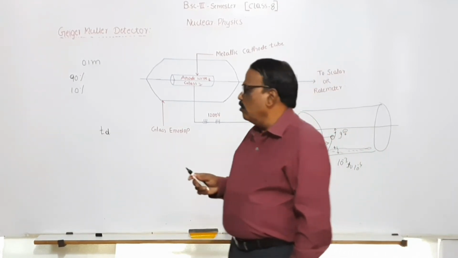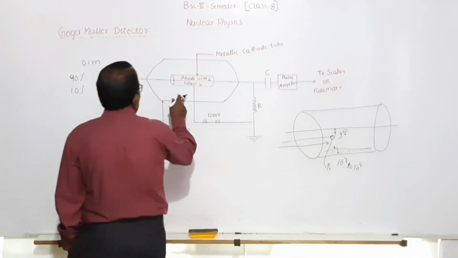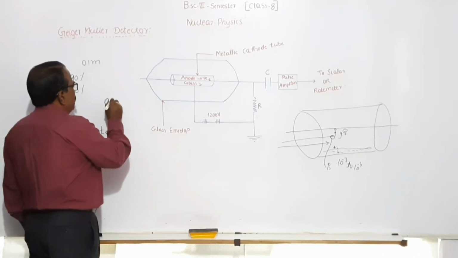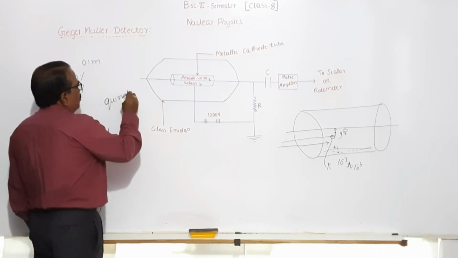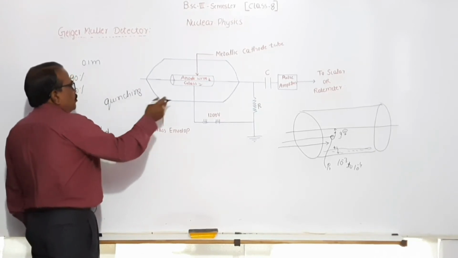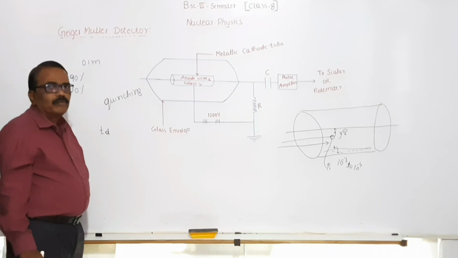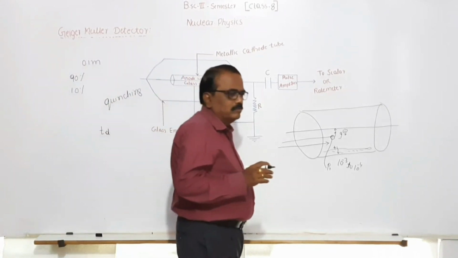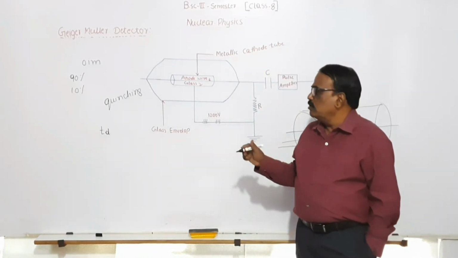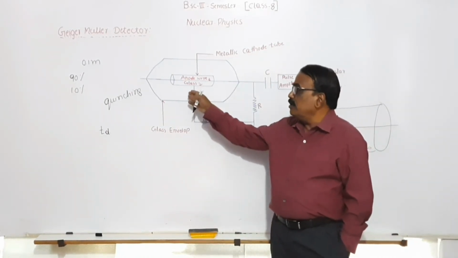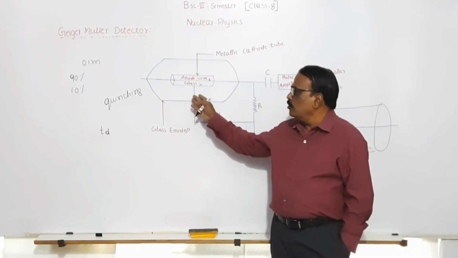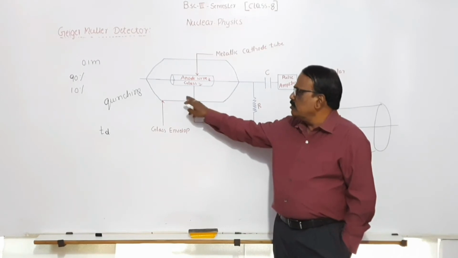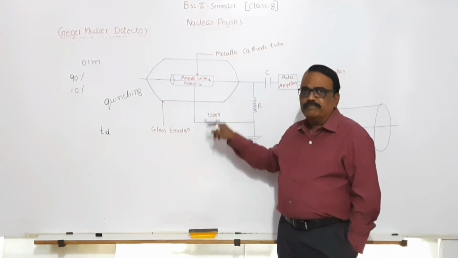The removal of all positive charges, positive ions, from the tube is called as quenching process. Then the tube recovery time is the time in which the original pulse level is achieved by removing all these positive ions which are developed at this place.